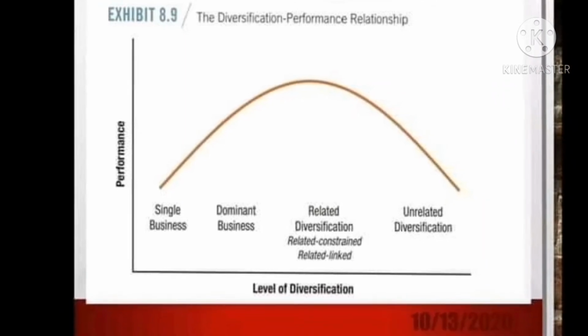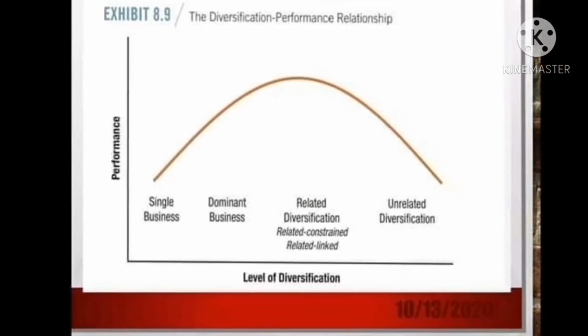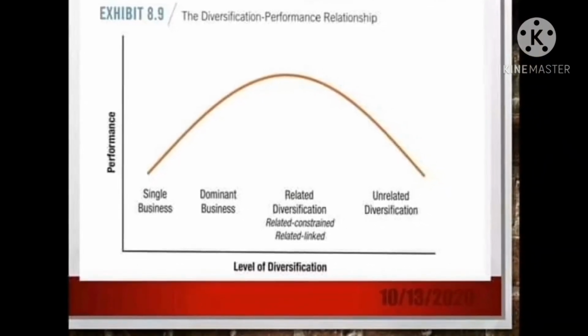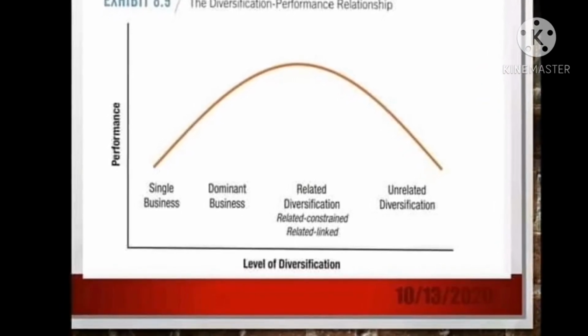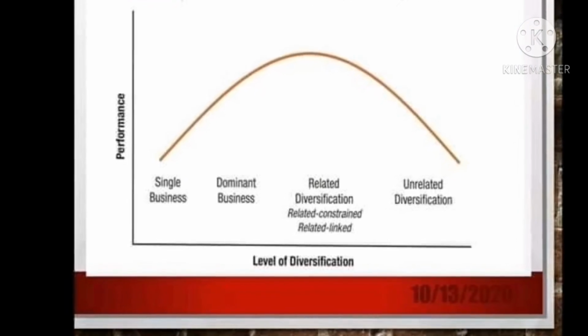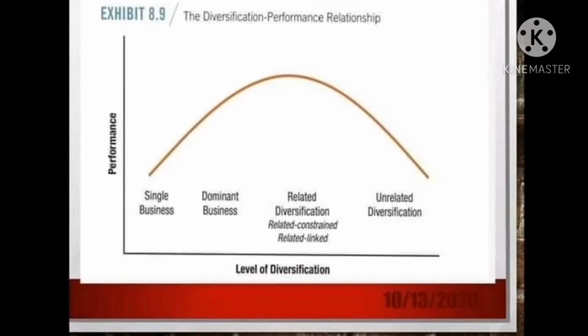Related diversification, related constrained, related linked. It occurs when the company adds to or expands its existing line of production or markets. In this case, the company starts manufacturing a new product or penetrates a new market related to its business activity.